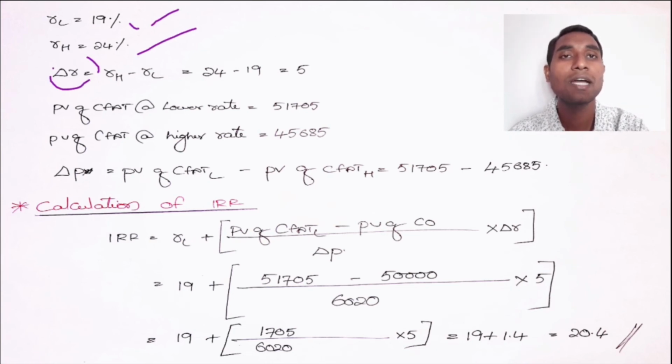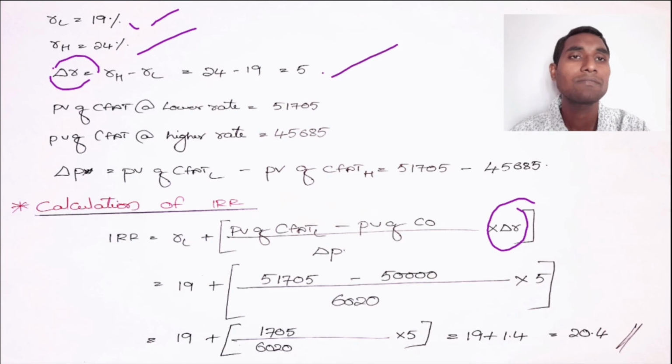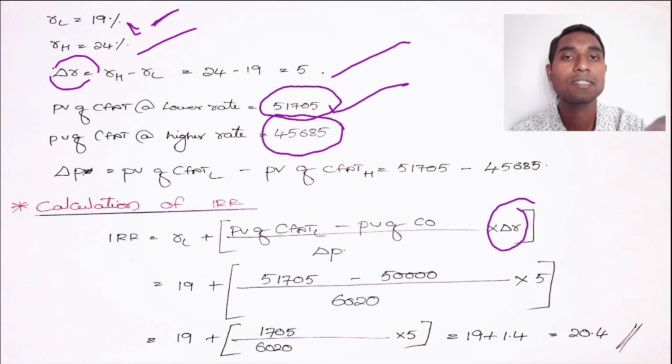In the formula I want delta R, so RH minus RL, that is 5. PV of CFAT at the lower rate, that means at 19%, was 51,705, and at the higher rate, 45,685.